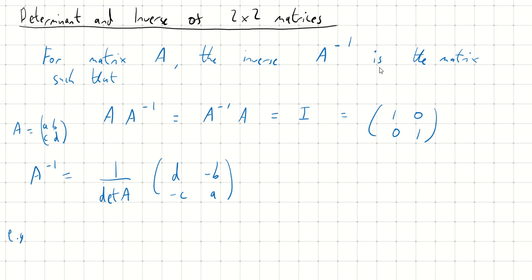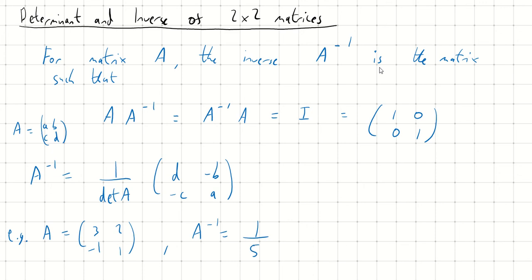So let's look at A equals 3, 2, minus 1, 1. Then A to the minus 1 is equal to, well, 1 over det A. Well, this matrix we looked at earlier, and we worked out that the determinant of A was 5.